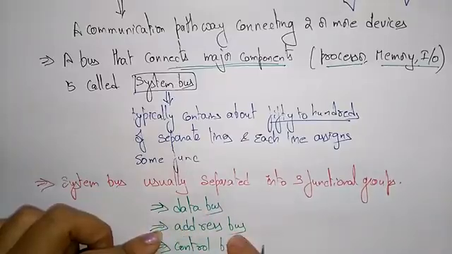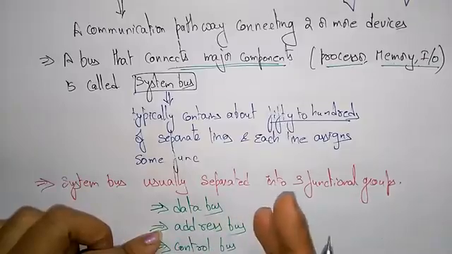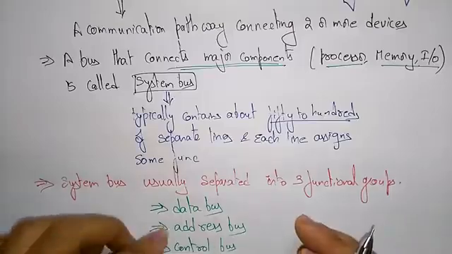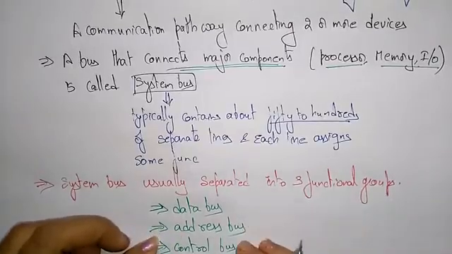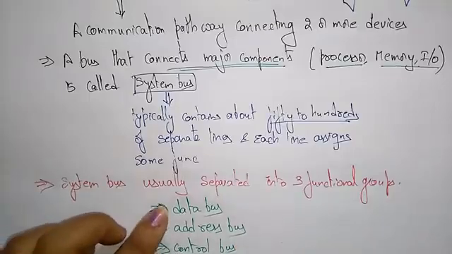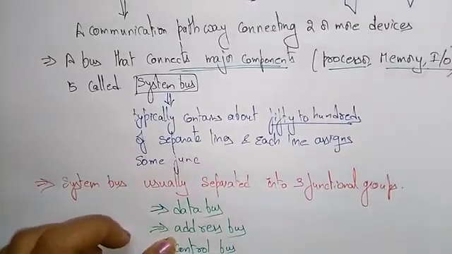And the control bus is used to monitor the data and address. So it always monitors the system. These three buses make up the system bus.